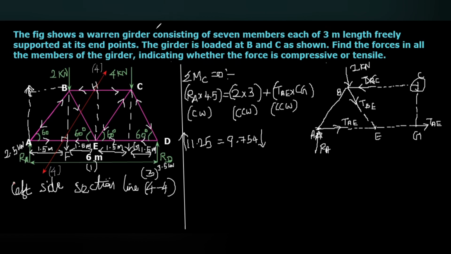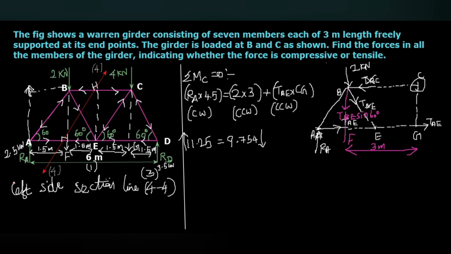Then we will split that into two components. TBE sine 60 passes through the point F. That means TBE sine 60 passes through the point F, at a distance 3 meters from the point G or point C we can take, or it is acting at point B. So 3 meter BC.